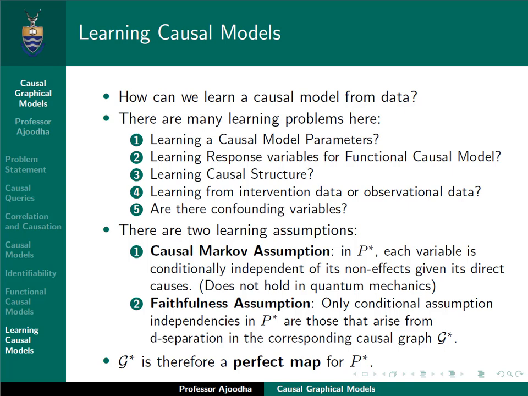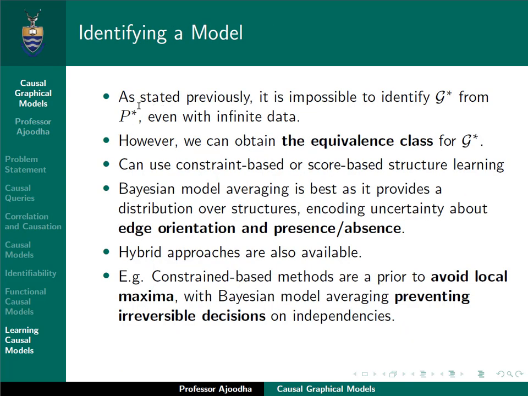Okay, so these are the assumptions, right? Let's talk about actually learning it. Even with infinite data, we generally cannot identify the exact true causal graph from observational data alone. What we can often get from the structural learning methods that I've shown you is what is called an equivalence class of graphs.